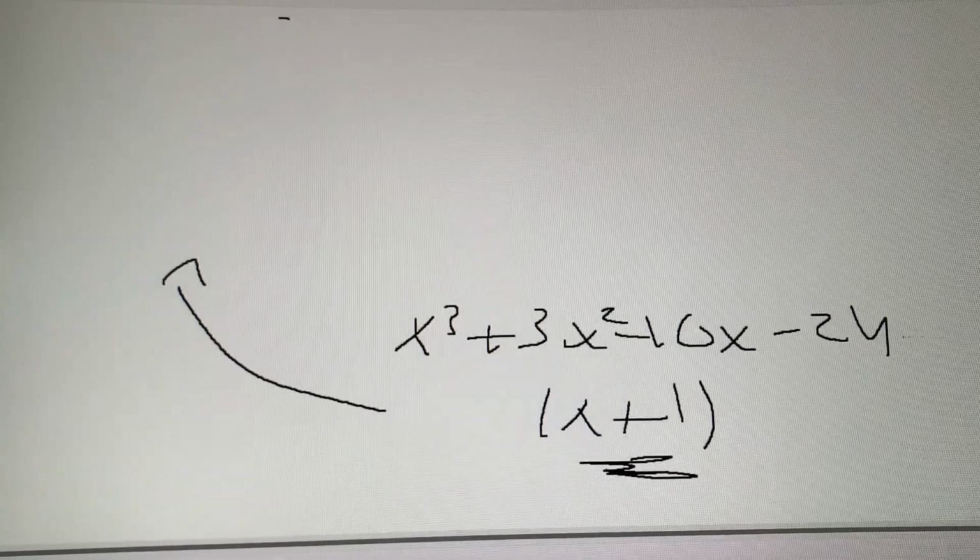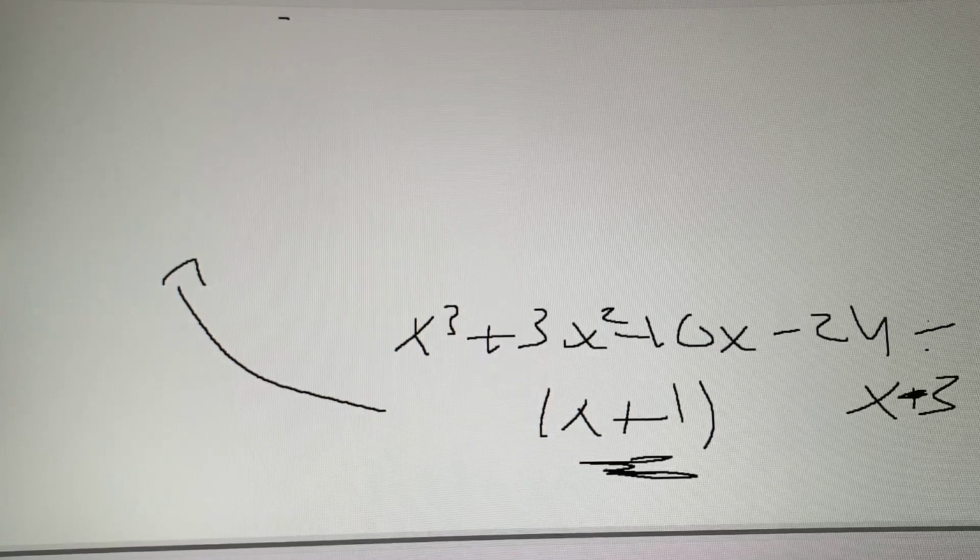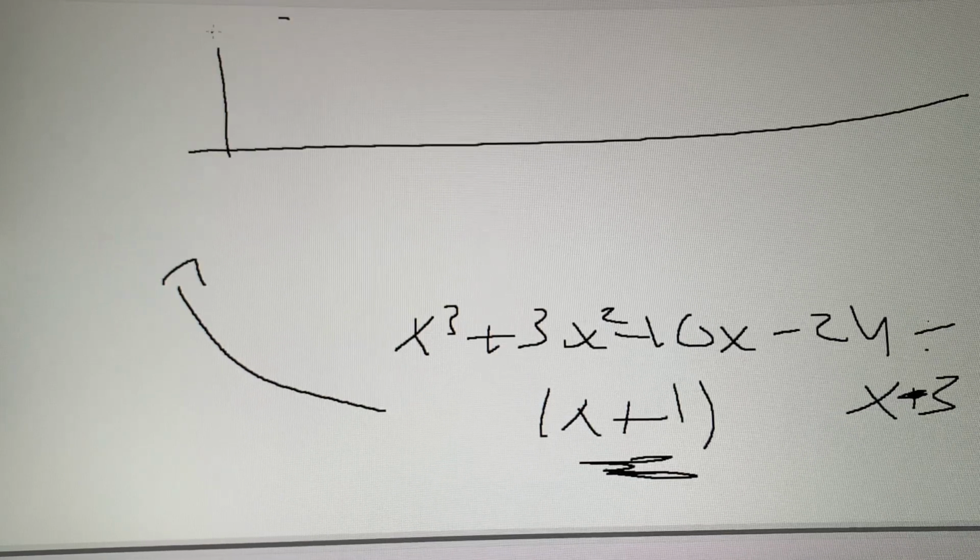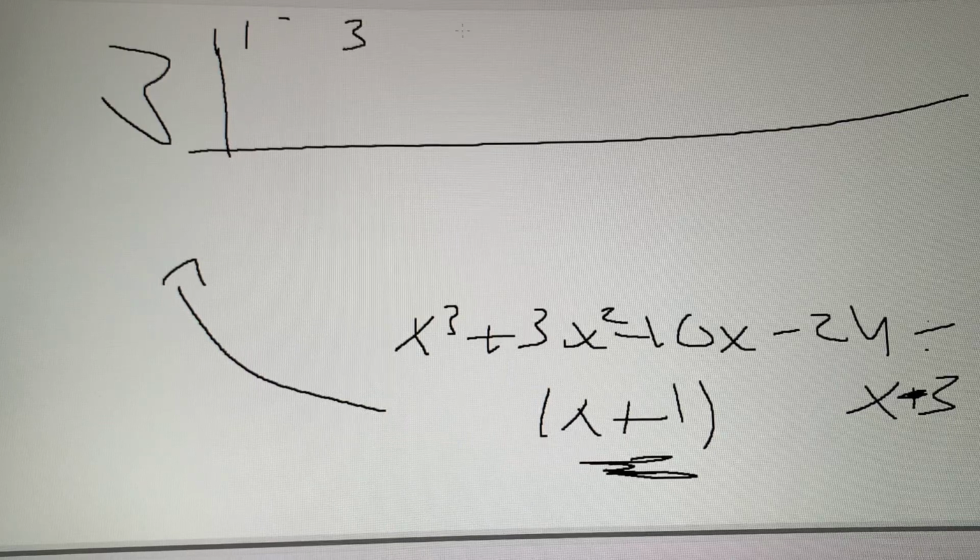Let's try dividing it by x minus 3. So we put it into our synthetic division. We're going to be putting in positive 3. 1, 3, negative 10, and negative 24.